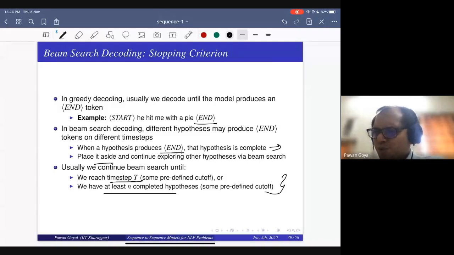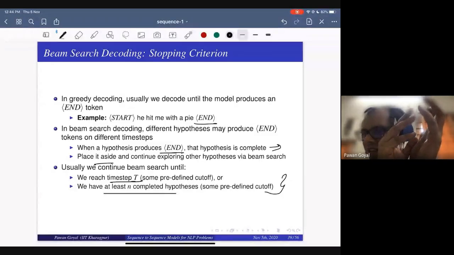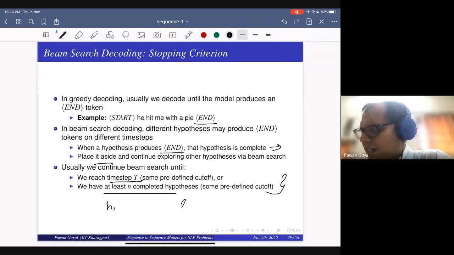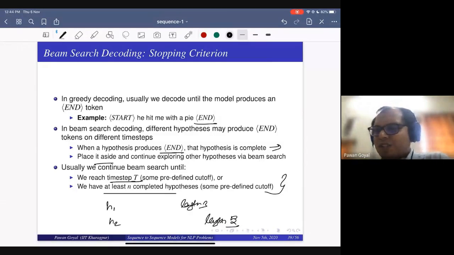And from these you have to choose. Now, one problem here is that because you are just taking different hypotheses, and they may have end tokens at different times, their lengths may be different. So maybe hypothesis H1 has length 3, it's only 3 words, and H2 has length 5. Do you see a problem with that?